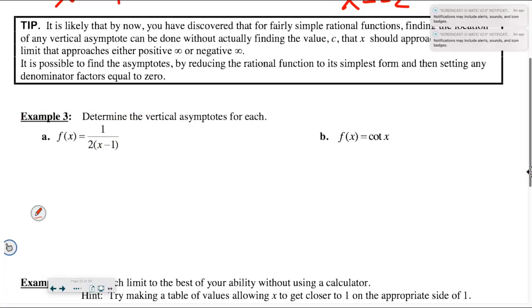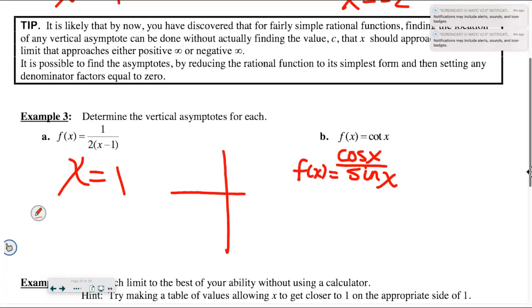Letter A, what's the equation of my vertical asymptote? x equals 1. Letter B has an infinite amount of vertical asymptotes, so we have to figure out how to write that because it didn't specify a domain. So my vertical asymptotes would be where that denominator equals 0. So I travel around my unit circle and I say that that occurs at 0 for sure.